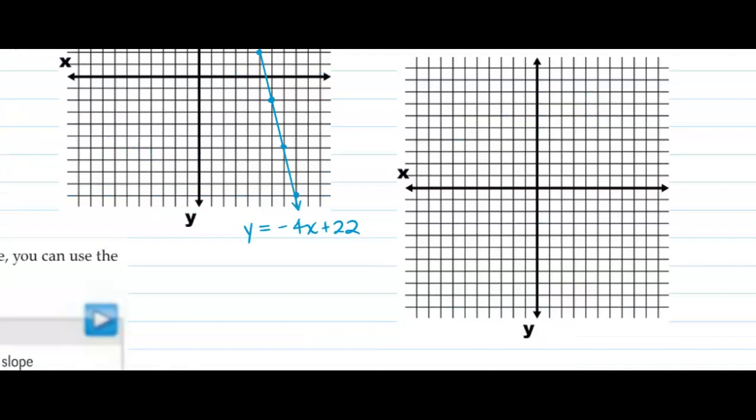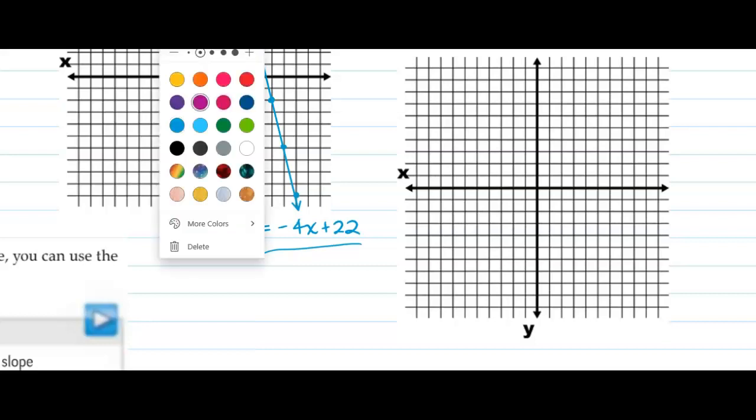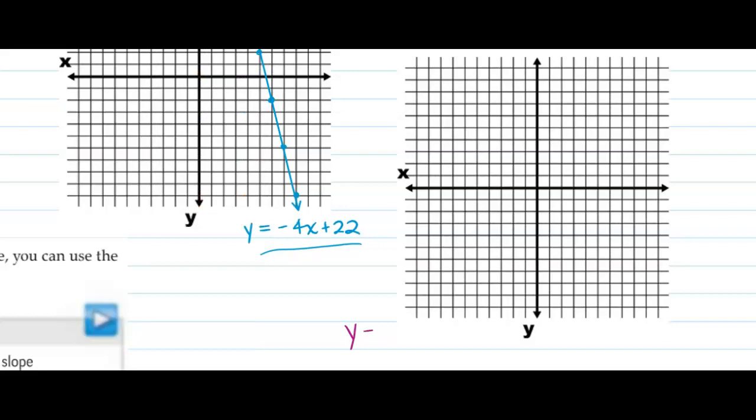In order to practice graphing given this original equation, and the fact that my graph isn't large enough to accommodate 22 on the y-axis, I'm just going to make up a new problem to practice graphing instead. And the new problem will be y equals negative 3x plus 5.